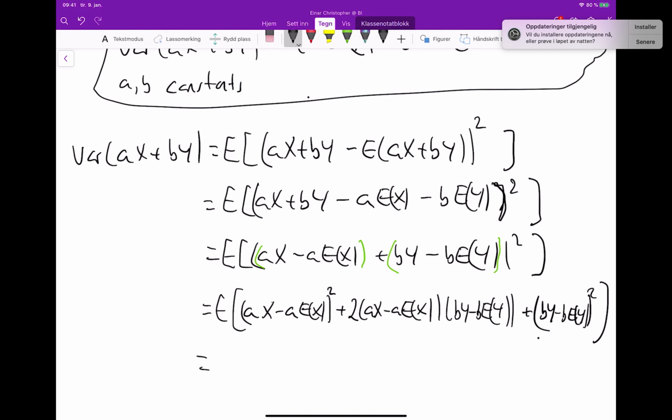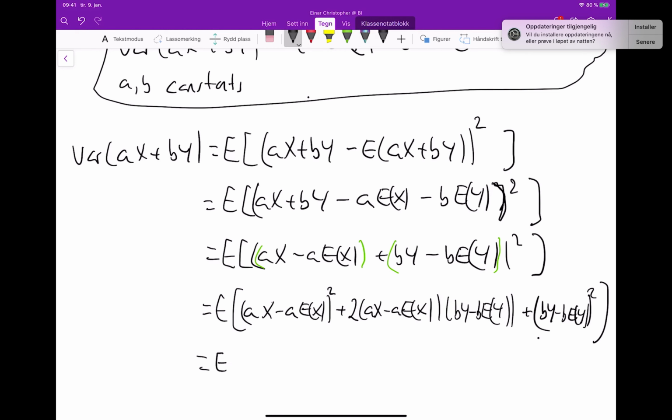And then we can do a little more here. I just let the expectation go into the parentheses now.